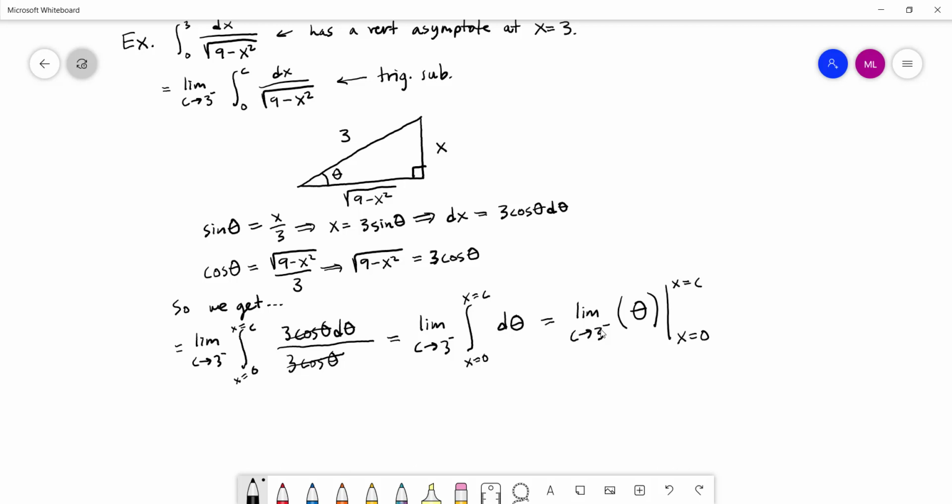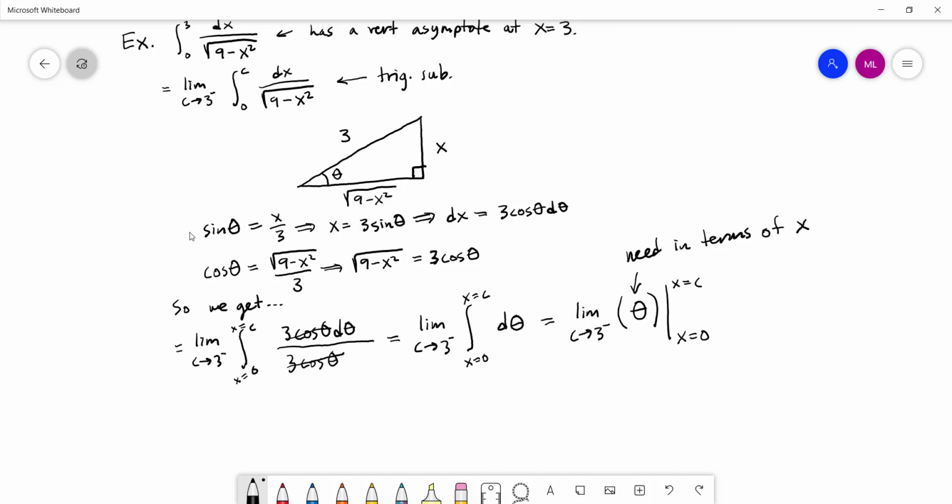Now we need to convert this theta back into x's so we can actually apply this evaluation. To do that, I will look at this line right here. If I want to solve for theta, we could do it here, but it's much uglier. I would much rather use this one right here.